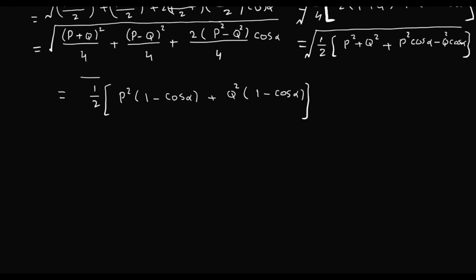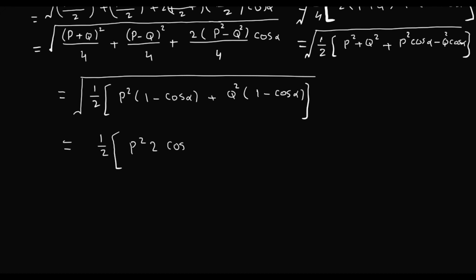So this will be equal to P square times (1 plus cos alpha, which is 2 cos square alpha by 2), and Q square times 2 cos square alpha by 2.